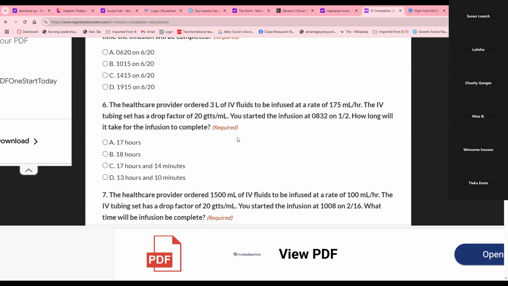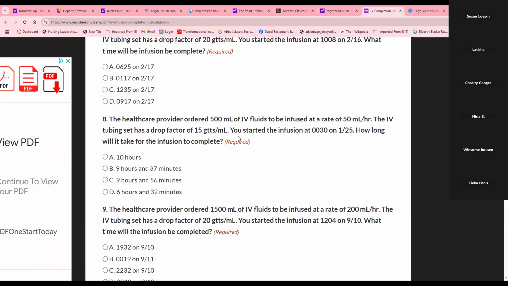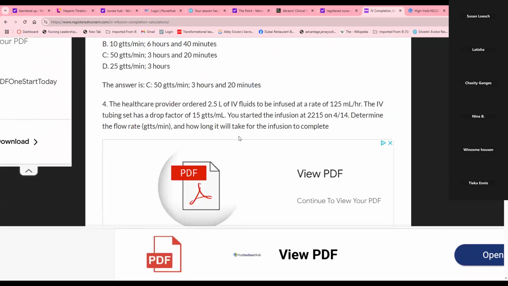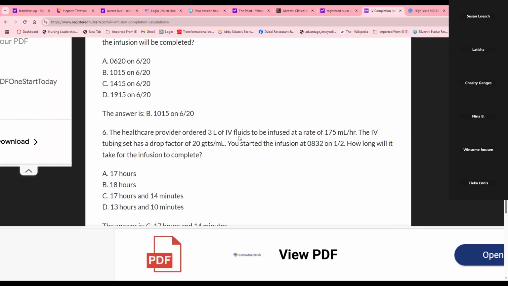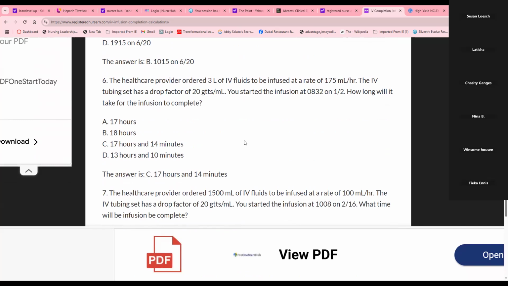But let's see what it says on the bottom. Number 6. So she says 17 hours and 14 minutes. You know what she did? On my questions, I'm going to have you round to the nearest tenth.